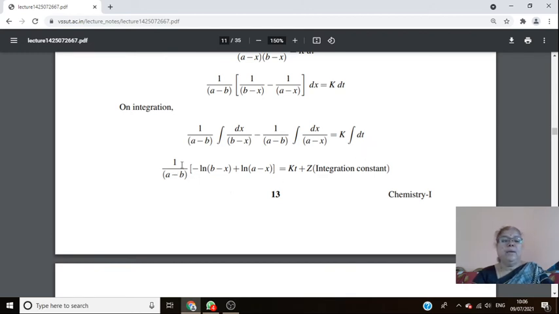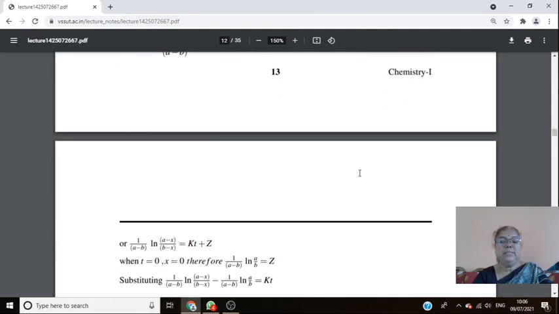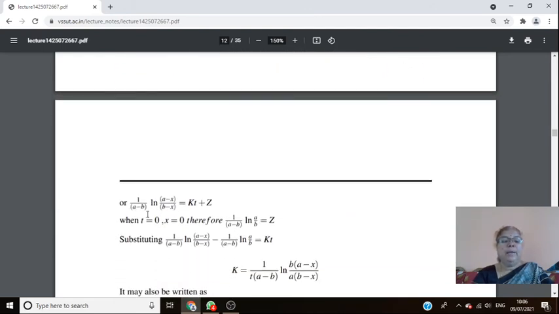Then 1 upon (A minus B) into [minus ln (B minus x) plus ln (A minus x)] equal to kt plus z, that is the integration constant. Here we get 1 upon (A minus B) ln of (A minus x) upon (B minus x) equal to kt.